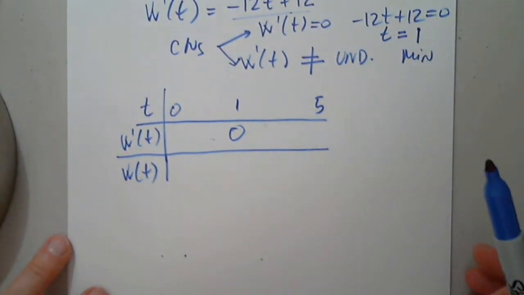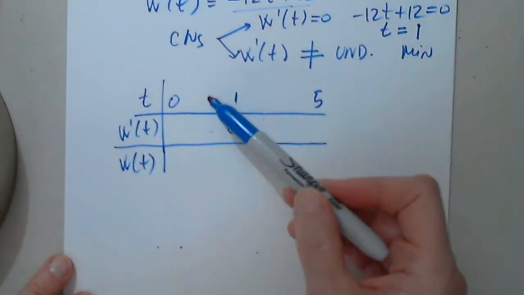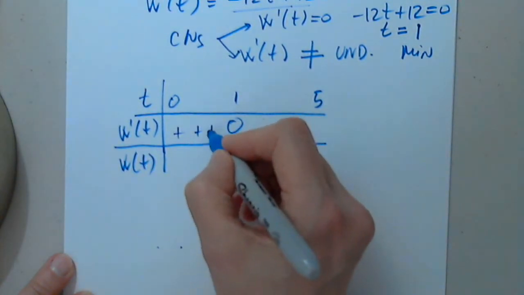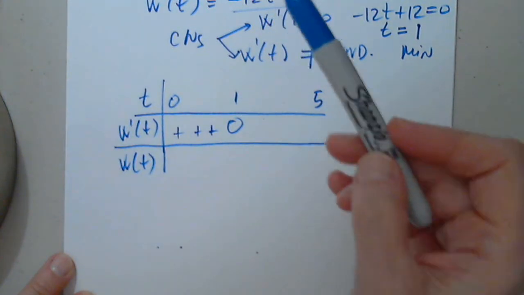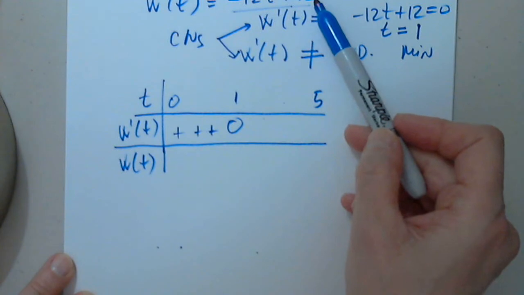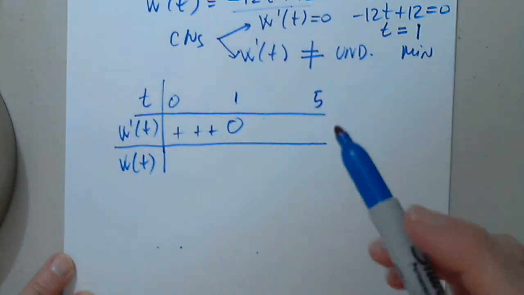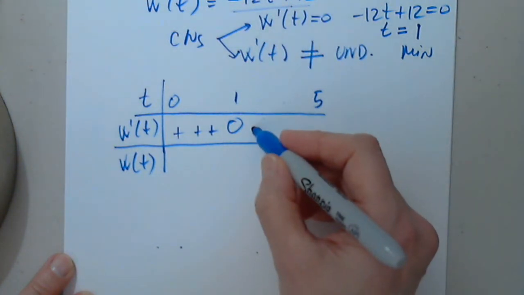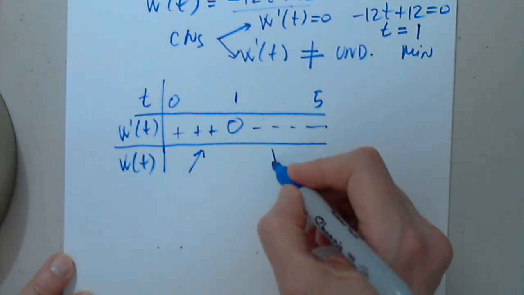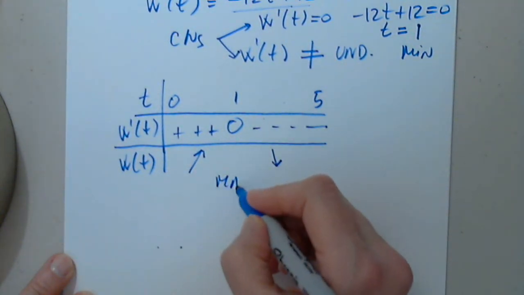A number to the left of 1. Well, positive. Perfect. So I plug in 2. When I plug in 2 here, what will the sign be? Just the sign. I don't care about the number. Negative. Perfect. So this is obviously what I'm looking for.